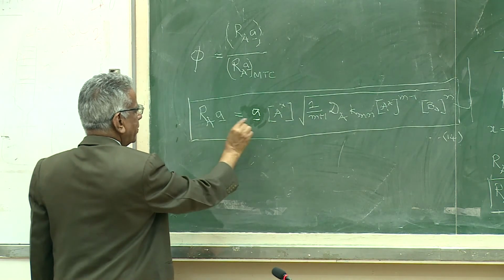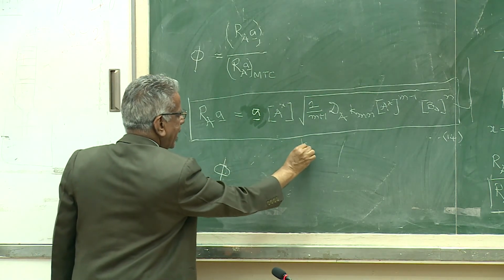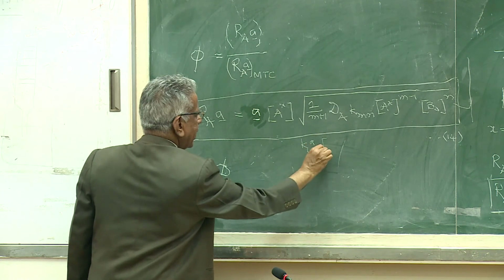So, phi is equal to this divided by KLA into A star.